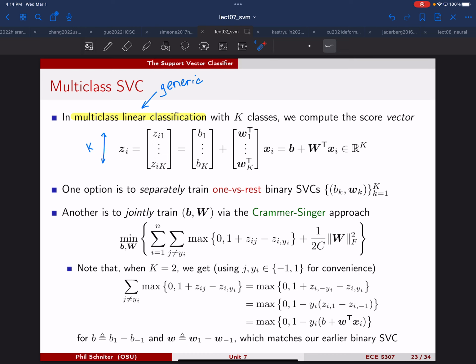Then you split your data into class 2, not class 2, train another binary classifier, freeze those weights, and so on. When we did this before, we trained those classifiers using binary logistic regression, and now we can use the same approach with binary support vector classifiers. So that's one, maybe the simpler approach: separately train these k one-versus-rest binary SVCs.